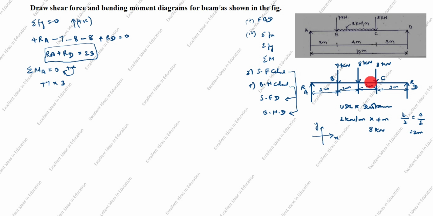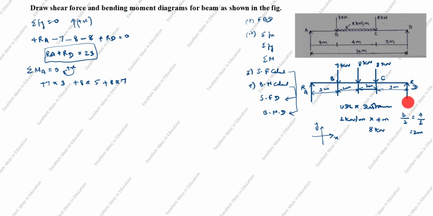Next, the arrow comes down from here to here: plus 8 into distance 3 plus 2 is 5, plus 8 into 5. Next, this arrow comes down: force is 8, perpendicular distance is 3 plus 2 is 5, 5 plus 2 is 7, plus 8 into 7.